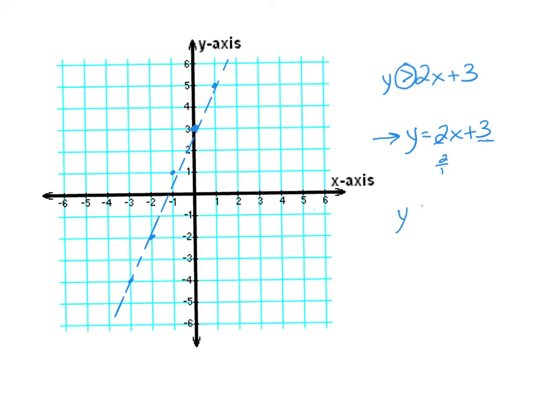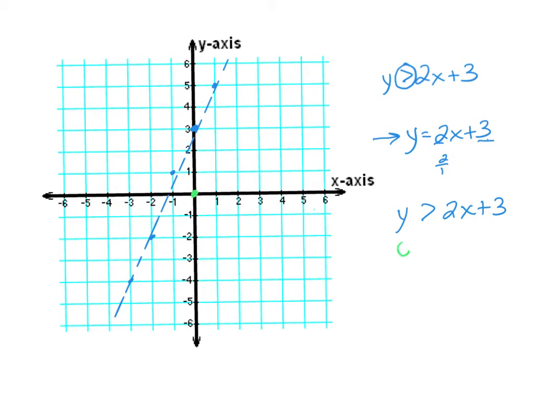And once again, my inequality, y is greater than 2x plus 3. You'll notice that I usually first try the point (0, 0). The reason I do that is because (0, 0) is pretty easy to put into the inequality and see if it works or not.